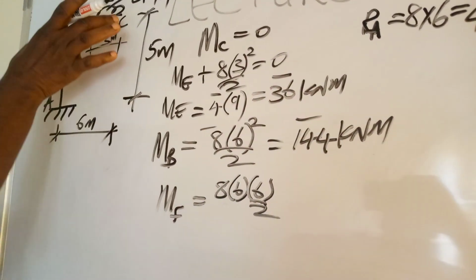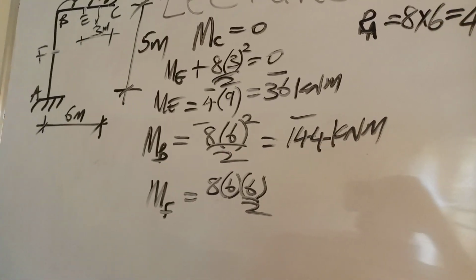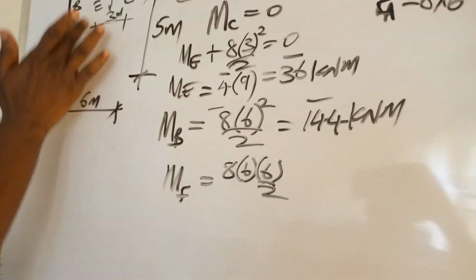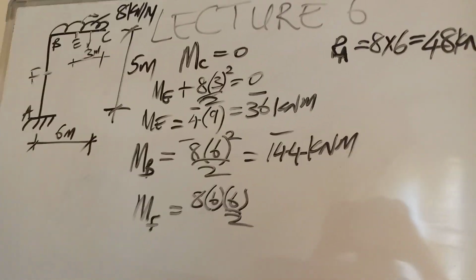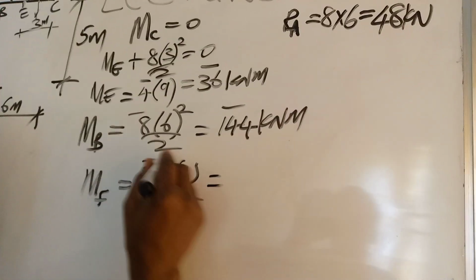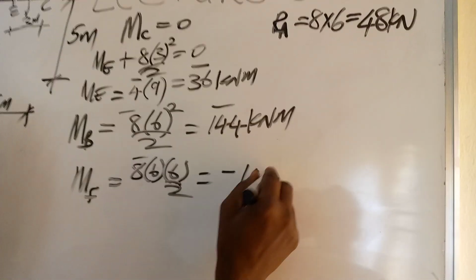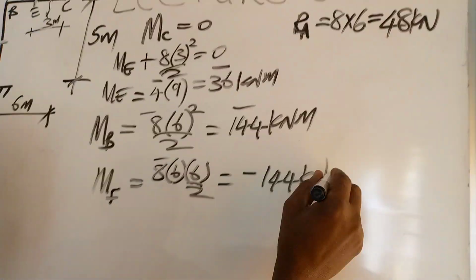That is 8 times 6 as the load, creating a moment from half of the distance, which is also minus 144 kilonewton meter.